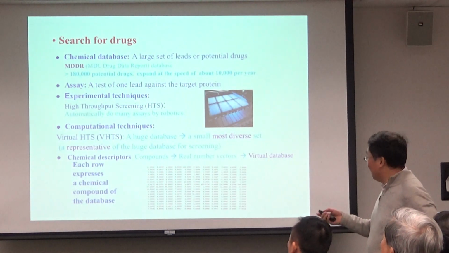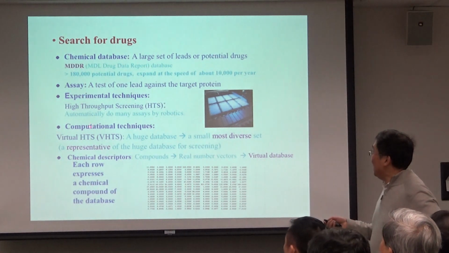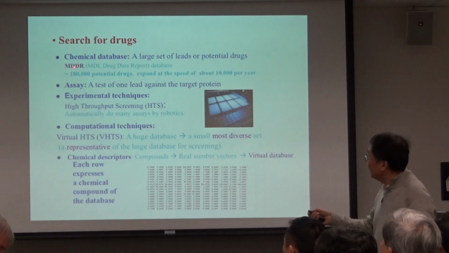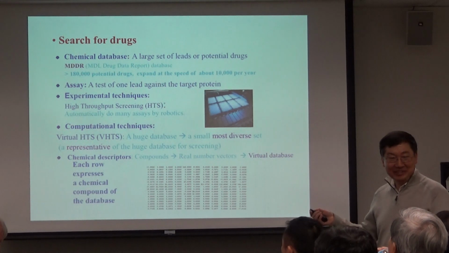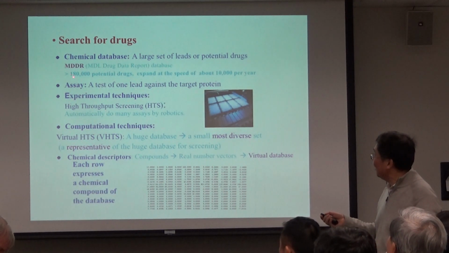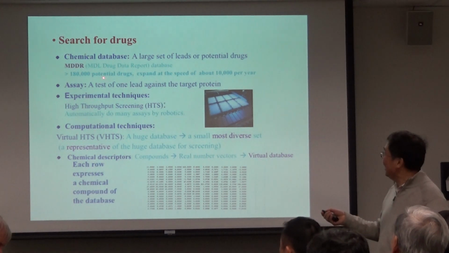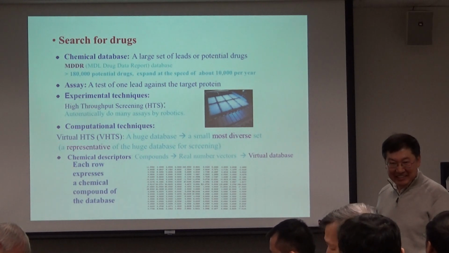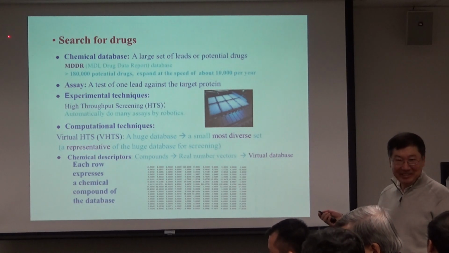Okay. So how are you going to search for a drug? Usually, we have a chemical database. This is, I think, one large data set. You can search here and find this one. I just checked it today. Now they have, you see, 180,000 potential drugs. Is that the latest number or the number from 10 years ago? This is what I just checked today. Okay.